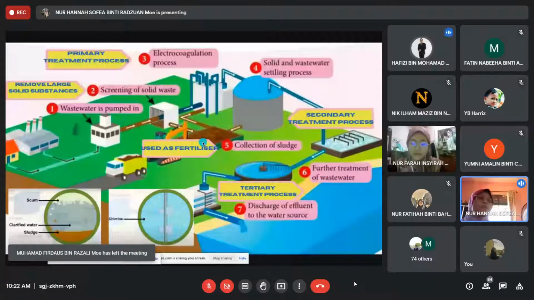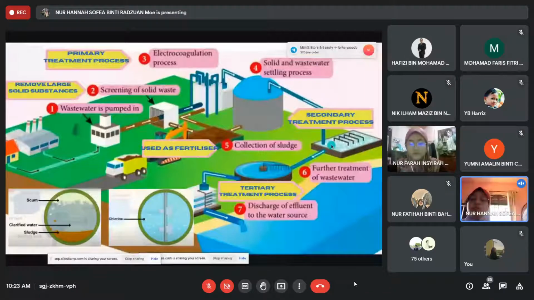The clarified water is then moved to further wastewater treatment where biological or organic waste is removed. At here, the clarified water is transferred into an aeration tank where air blows bubbles.